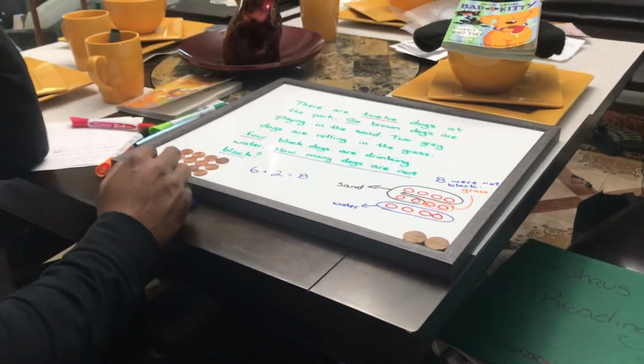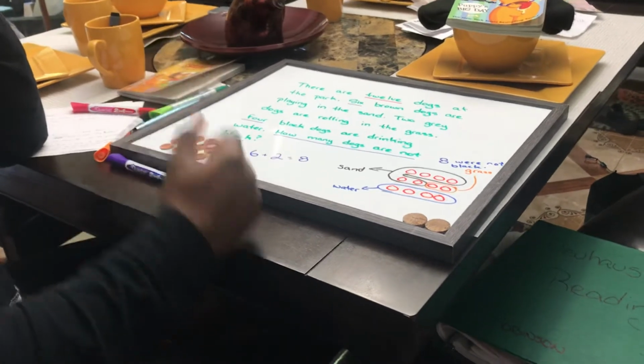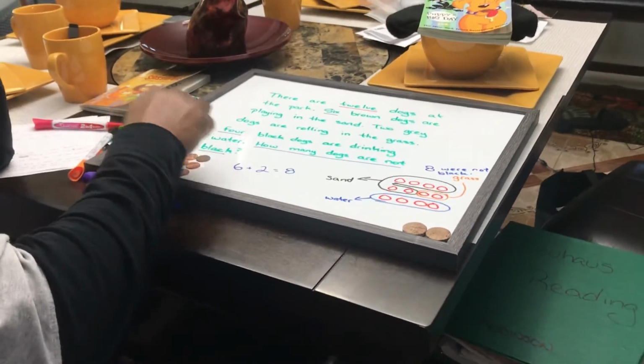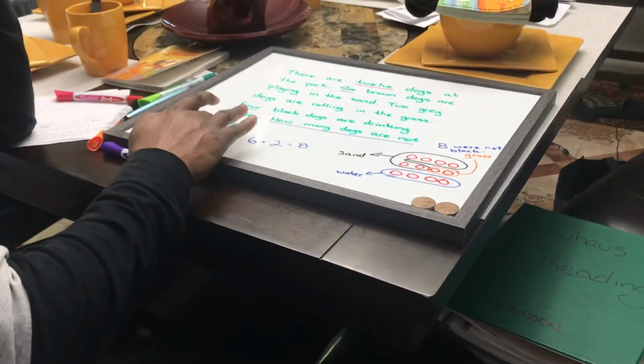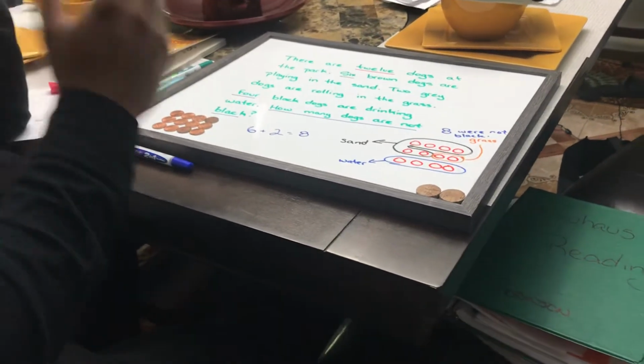So I have 12 pennies. I can count them by ones, 1, 2, 3, 4, or why waste time if you know how to count by twos? We can go 2, 4, 6, 8, 10, 12. So we know that we have 12 dogs in total, and we're going to do the exact same thing.